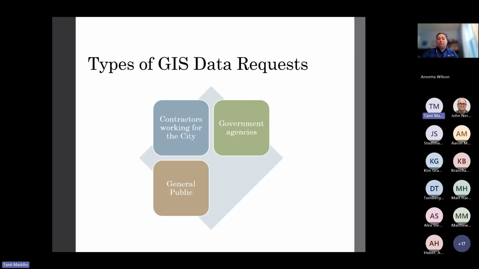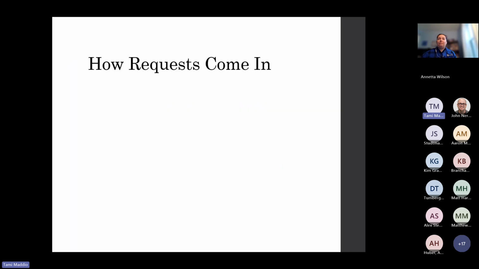We get requests from the general public or companies that aren't doing work for the city. And then also through Gopher State One Call utility locate. Those are the main categories that we're getting requests from.